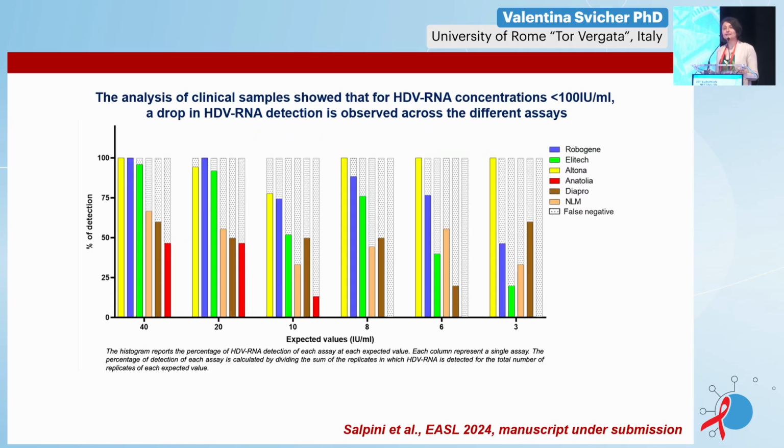This result is in line with the analysis of clinical samples, showing that for HDV RNA concentrations less than 100 international units, the rate of HDV RNA detection underwent an important drop, with only a few assays capable of detecting a few copies of viral genome.